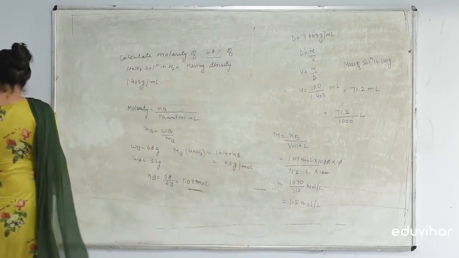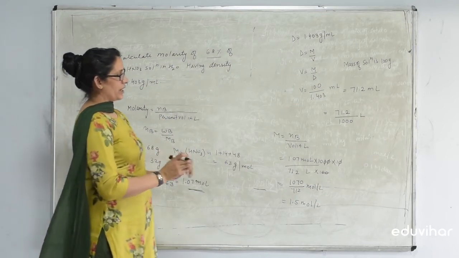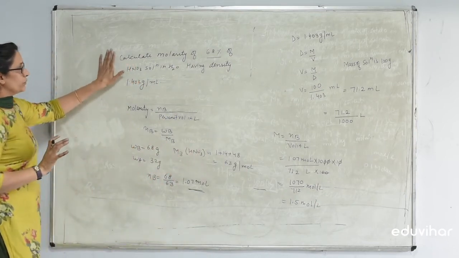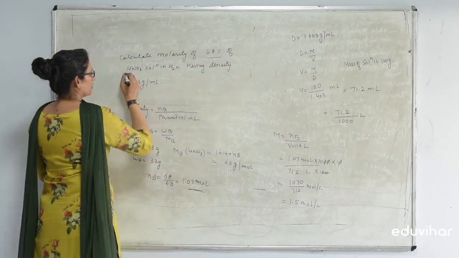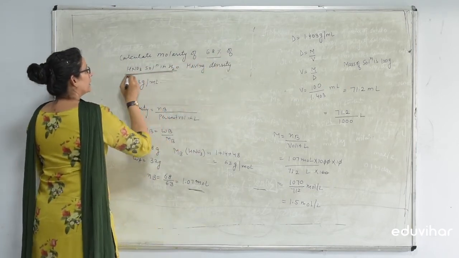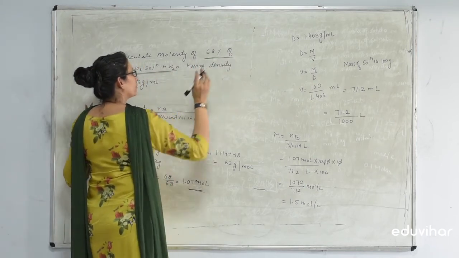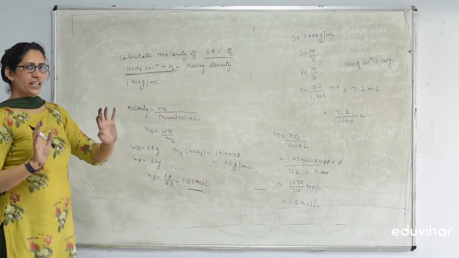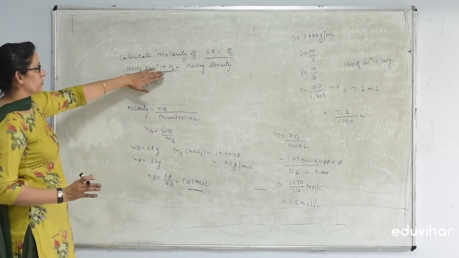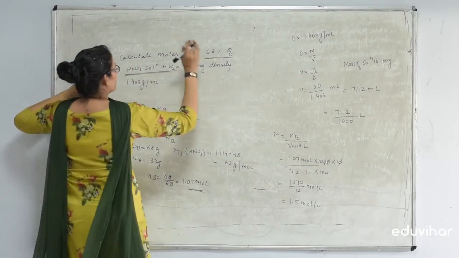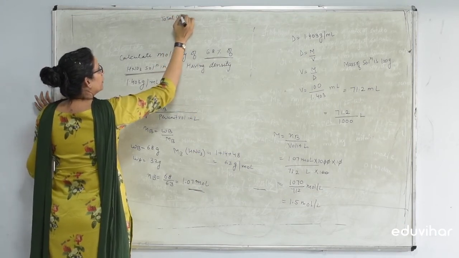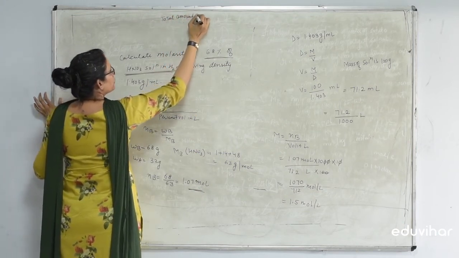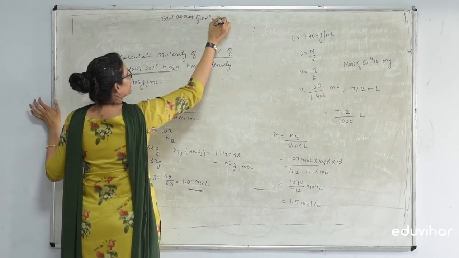Okay, I think you understand this. I am repeating this again. We are given 68% HNO3 in water. Please clear this point. 68% means the total amount of solution is 100.